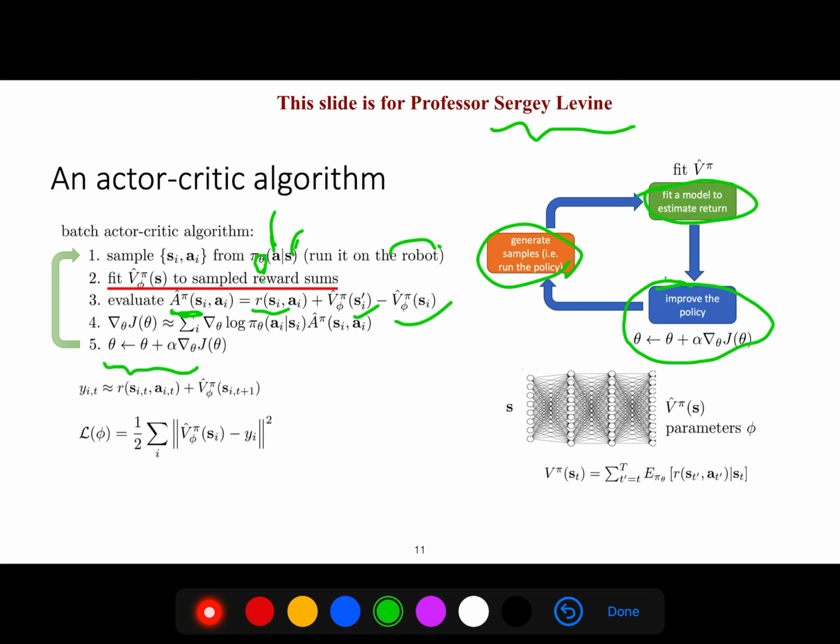So you need to update it. But you make sure that in part 2, when you're fitting your value function, it is dependent on the phi parameter. So we have two different parameters. V has the phi parameter. Your policy, if you want to generate it, has the theta parameter.